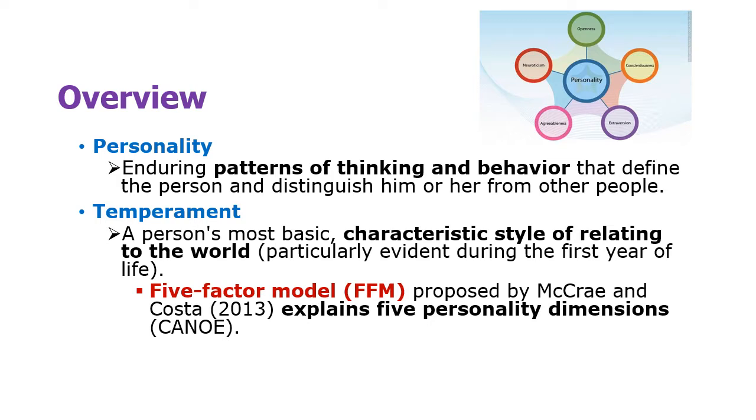And then to further describe personality, these two guys, McCrae and Costa, created a 5-factor model. This 5-factor model, as you can see here in the top right, is just a group of 5 personality characteristics. When you combine them, they lead to our individual personality.